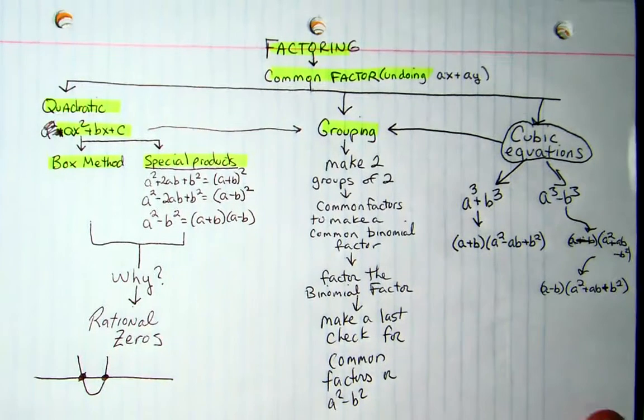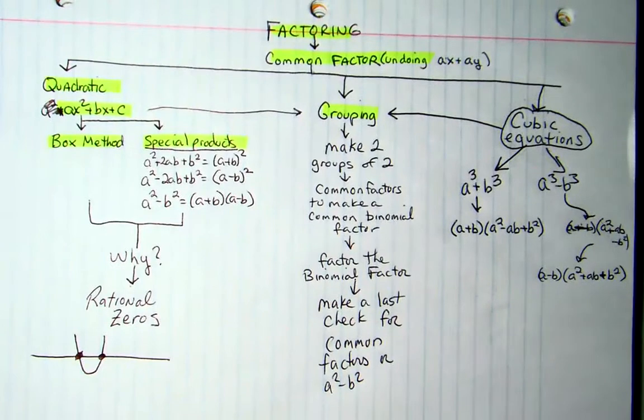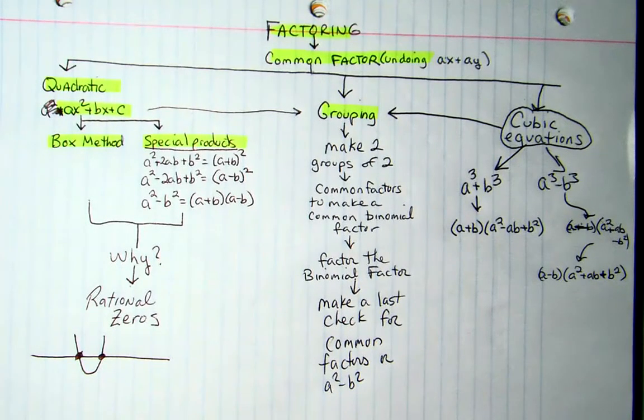Make a last check for common factors or for a squared minus b squared. And that will set you up pretty good.